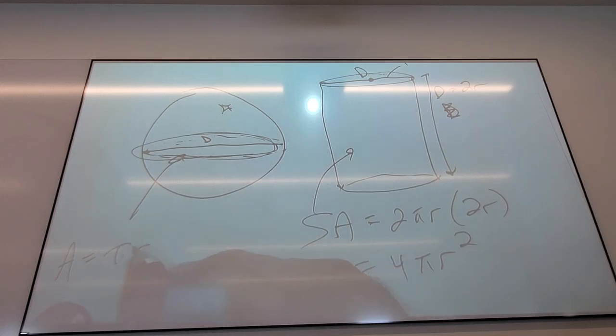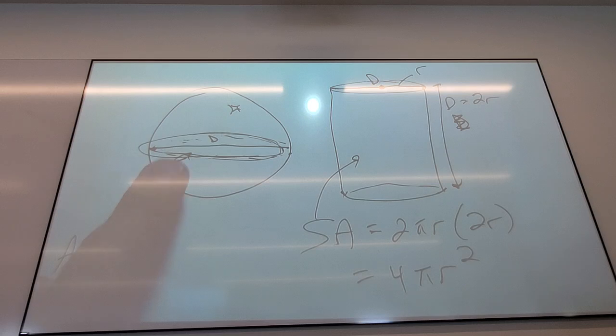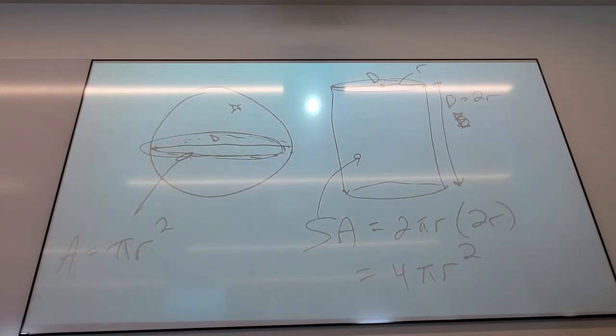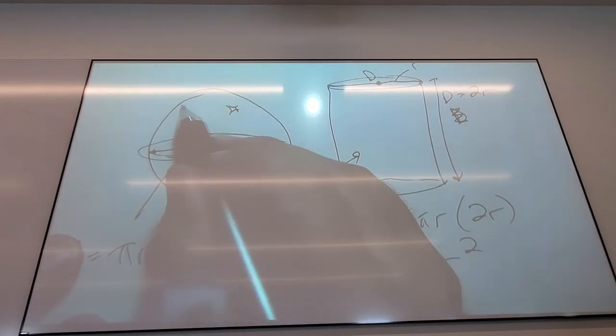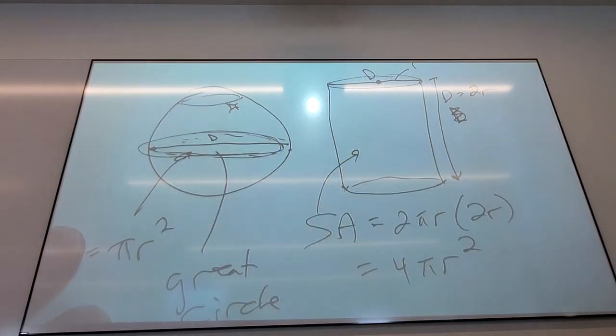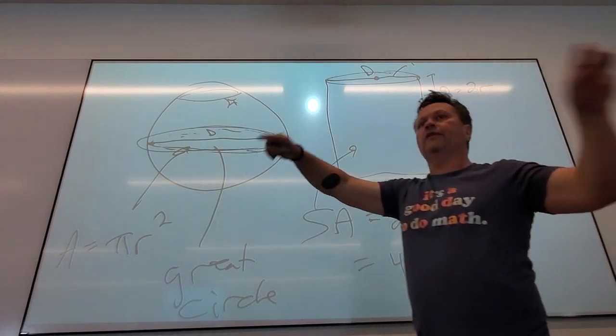So this is kind of trippy. The surface area of a sphere is just 4 times the area of what we call a great circle. That's not just a nice circle, it's a great circle. What I mean by that is, isn't this a circular piece of the sphere? It's not a great circle because it doesn't have the diameter of the sphere as its diameter.